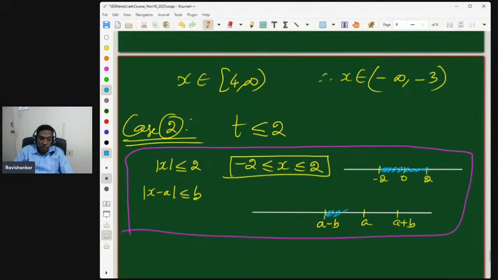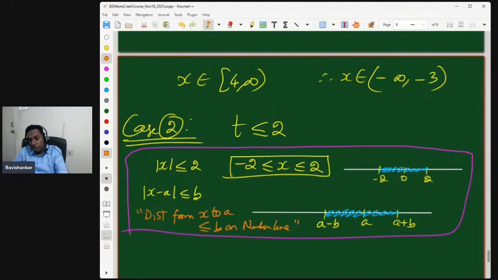This will be the range. So you can think of this as x to a less than or equal to b on the number line. From a you can go b on the right or b on the left. Distance means you can go either way.